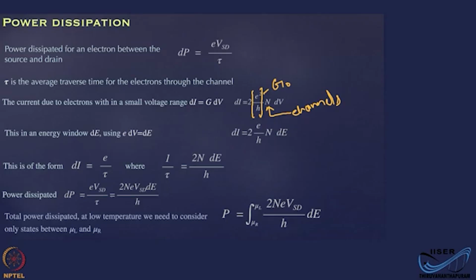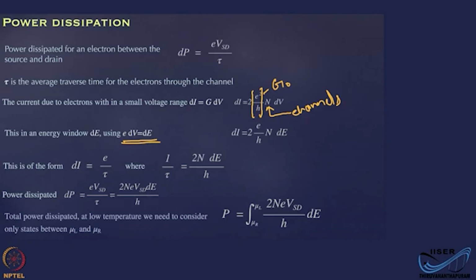Now, assume that this voltage dV corresponds to an energy window dE. So e times dV is dE, the energy window. So we can rewrite dI as 2e by h times N times dE, where e times dV is dE.